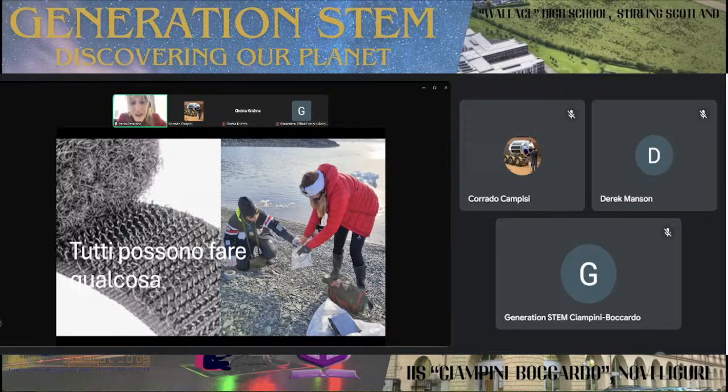We can start by stopping the use of single-use plastic, because that's the highest quantity of plastic that ends up in the oceans and on land as well, contaminating what we eat, what we breathe, what we drink, in a very serious manner. So we can stop using single-use plastic before it becomes forbidden by legislation.